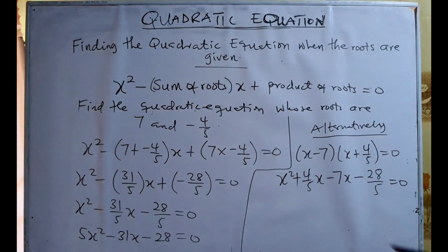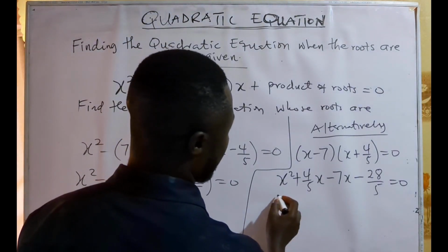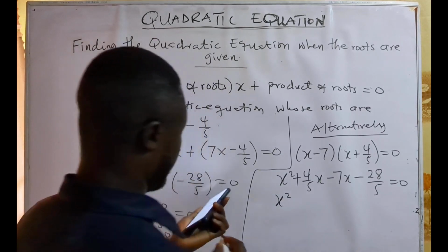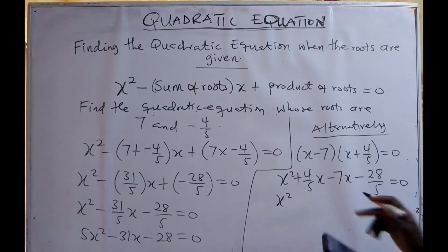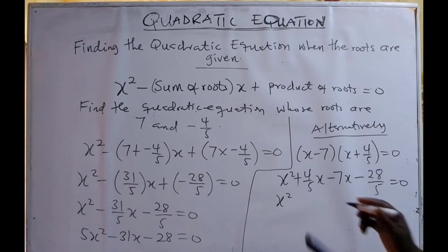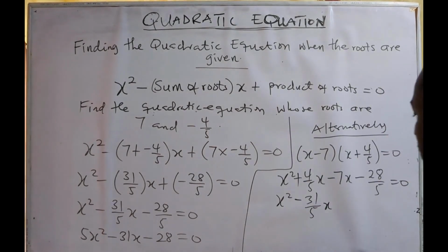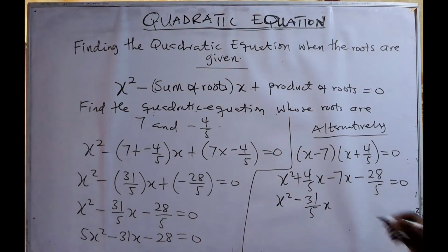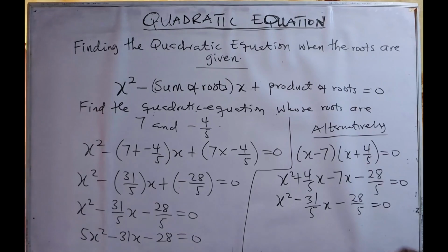All right, so what we are going to do now is to add or subtract our like terms, and then we get our answer. So we are going to have x squared, then 4 over 5x minus 7x will give us minus 31 over 5x. All right, then minus 28 on 5 equal to 0.